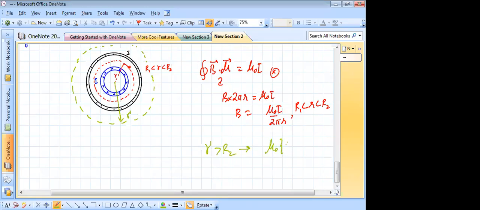Mu naught is becoming I minus I. So this is going into the plane, coming out of the plane. So your B dot dl integration will be 0. And there is radial symmetry. So this actually means B into 2 pi r is 0. Okay. So that means B becomes 0. And similarly in the inner region. So there's magnetic field only between those two shells. This clear? Yes.